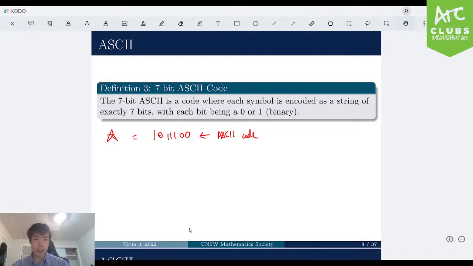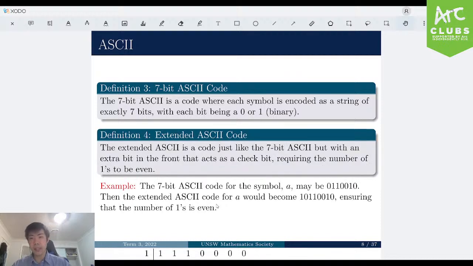But between the sending and the receiving, there's some noise that causes, let's say, the last bit to turn into a 1. So there's a bit of corruption there. The point of having this extra check bit is to ensure that we can detect when there is an error. So by adding that extra bit at the front, we can now deduce whether there's an error.